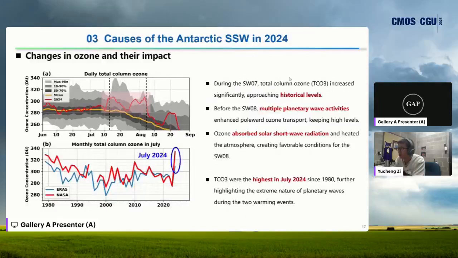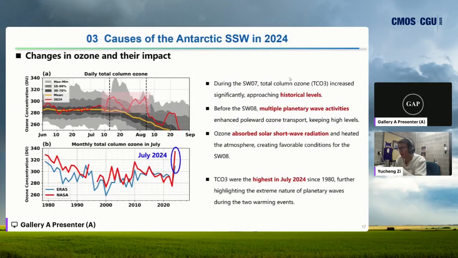During the July SSW, TCO3 increased significantly and approached the historical level in panel A. Before the August SSW, multiple planetary waves and enhanced power also transported and kept ozone at higher levels.